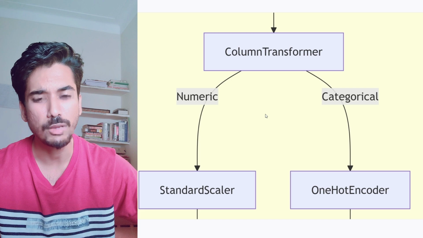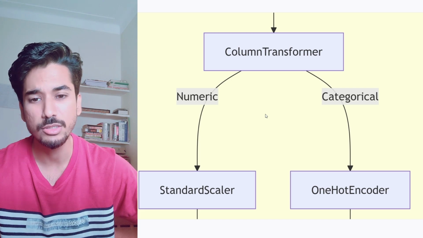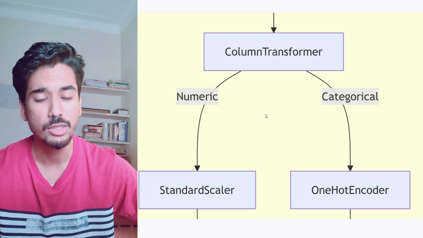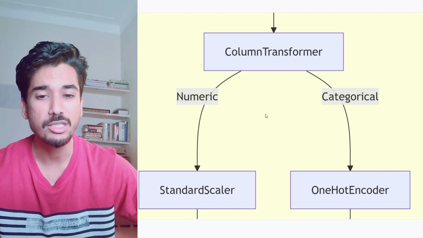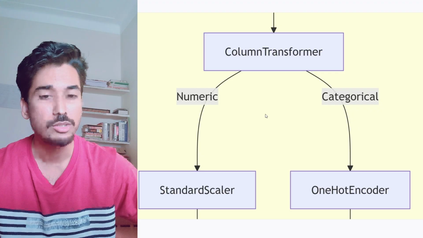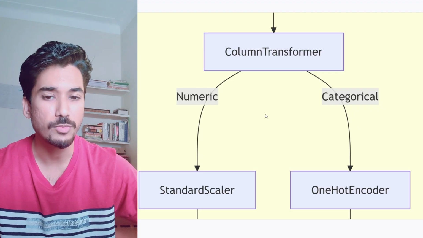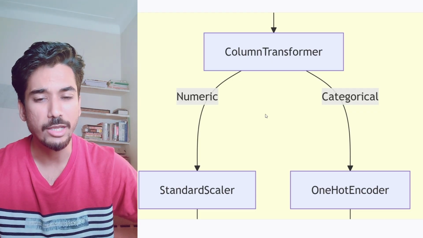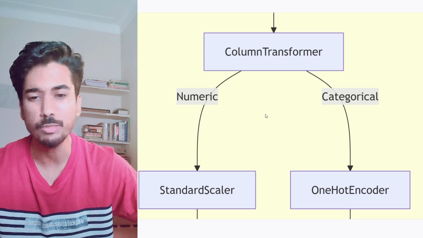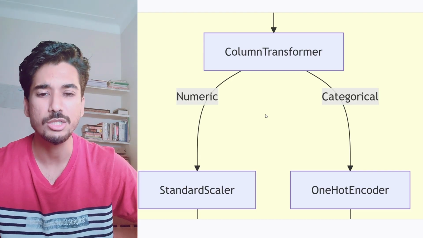It will think the higher the numerical value, the more prominent it is, which is not the case in this feature. So we need to shrink these values within a particular range. The standard scaler will shrink them to values like 1.5 and 0.2 and such.